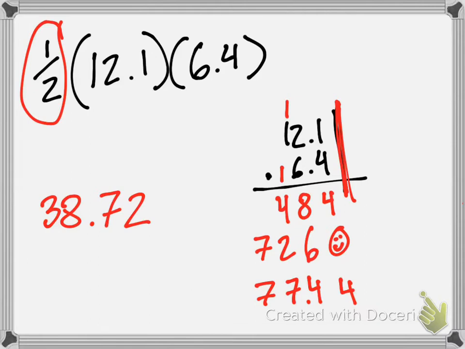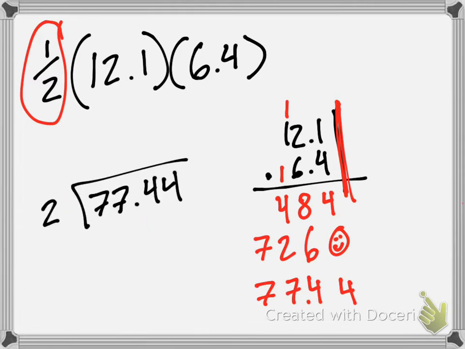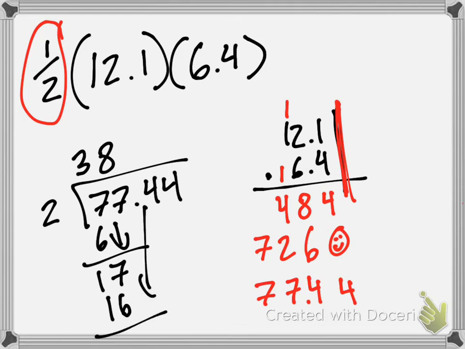So when we divide it in half, we're going to get 38.72. Let's just check our math because that's what the book says. It goes in 3, 6, 1. It goes in 8, which is 16. It goes in 7, and then it goes in 2.